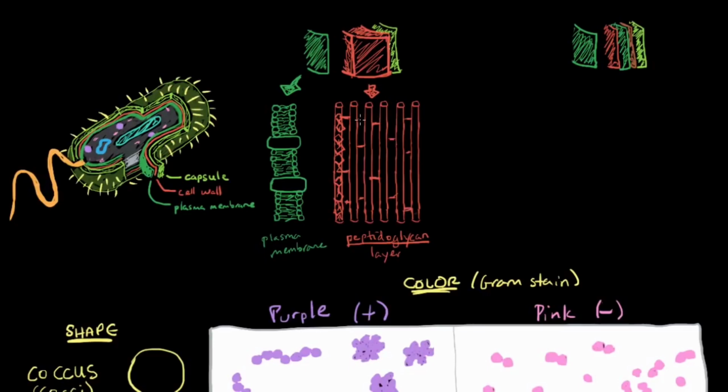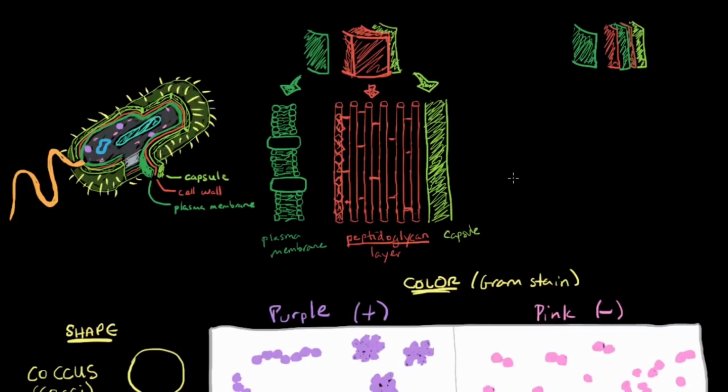It's almost like a brick wall with this kind of connection, so that's where the word peptidoglycan layer comes from: long sugar chains connected by protein. And then the final layer is the capsule or slime layer. So that's gram positive bacteria.